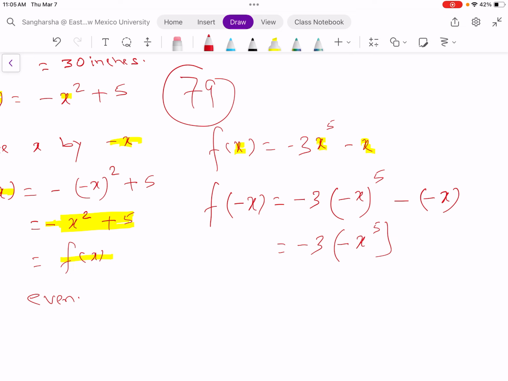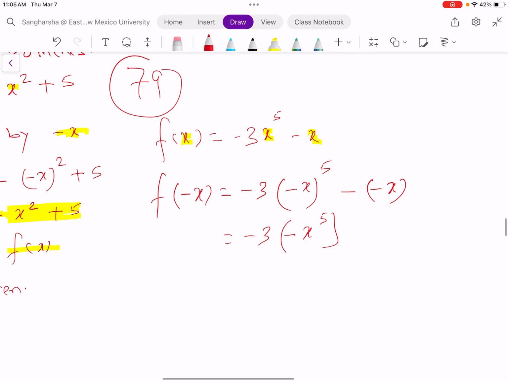If you multiply negative x 5 times, we get negative x to the power 5, and negative times negative x is positive x. This equals negative 3 times negative x to the power 5, which is positive 3x to the power 5, plus x.